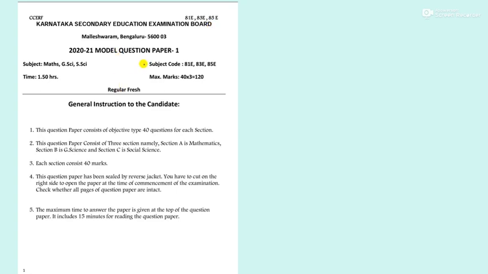Okay, so even this paper, that is model question paper 1, is based on your new exam pattern. Each question paper will be given 40 marks, of 40 marks, new exam pattern.